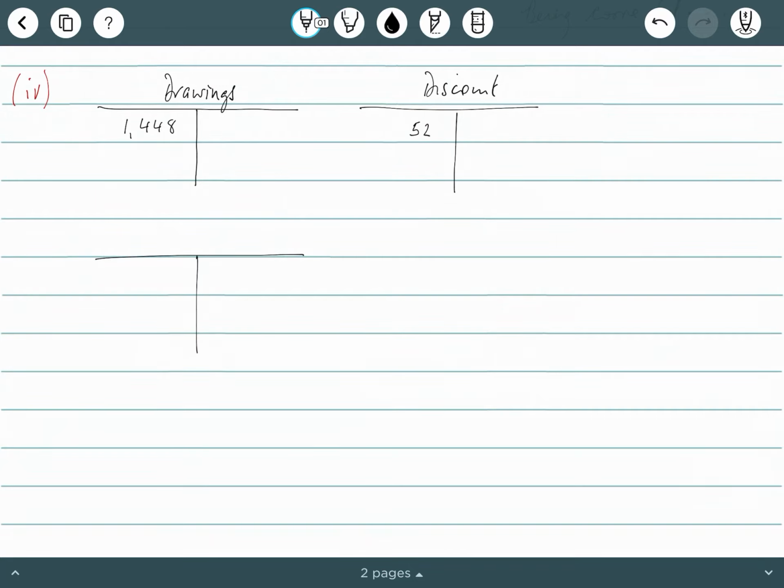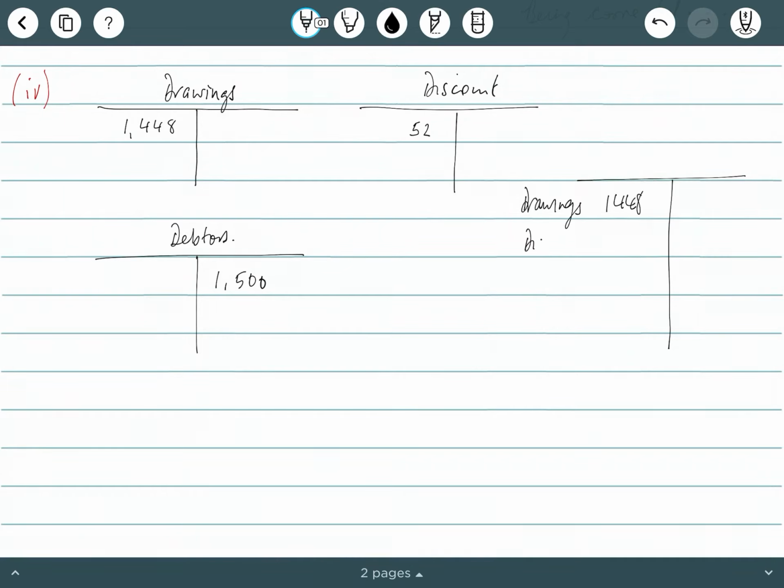And then you've got your debtors, 1,500, as that 1,448 plus your 52 takes care of that 1,500 that was owed to you. General journal then again, lads: you've got drawings, 1,448.